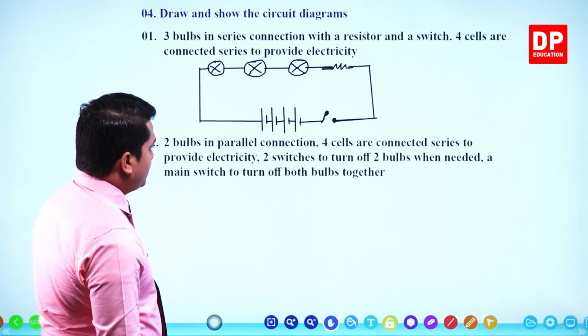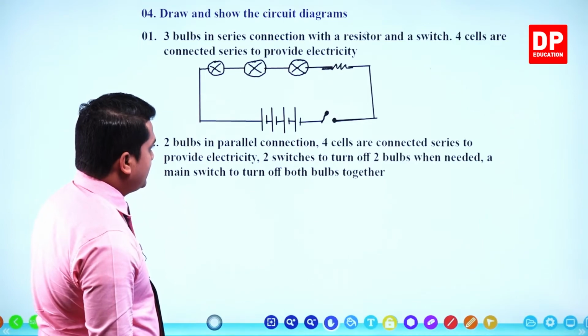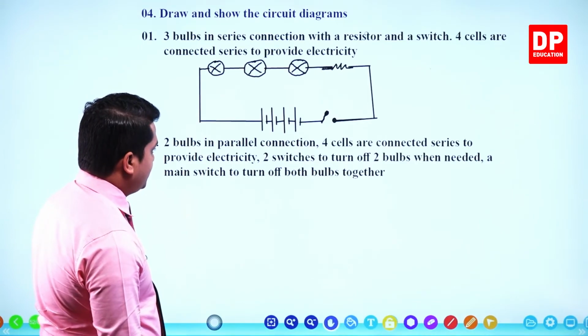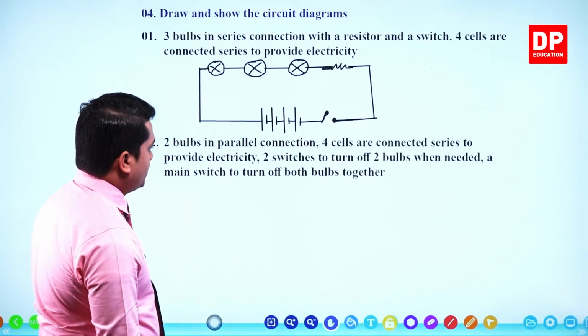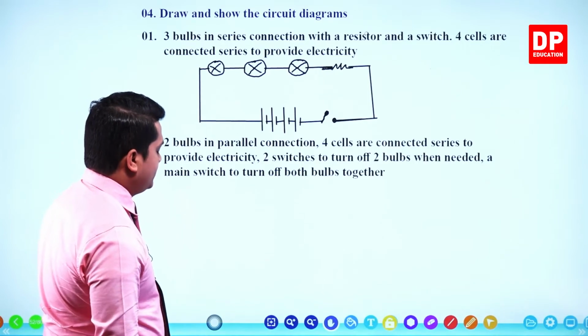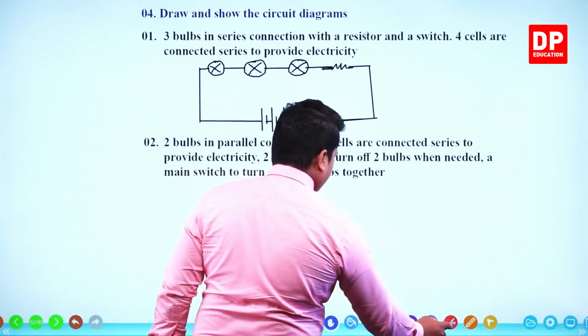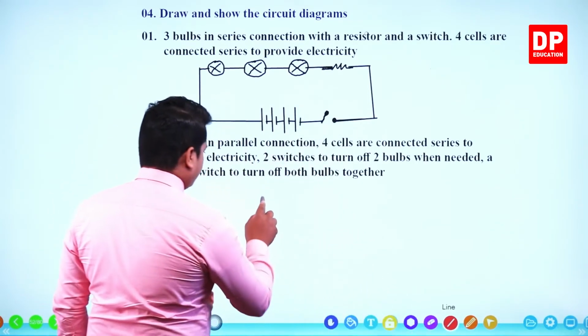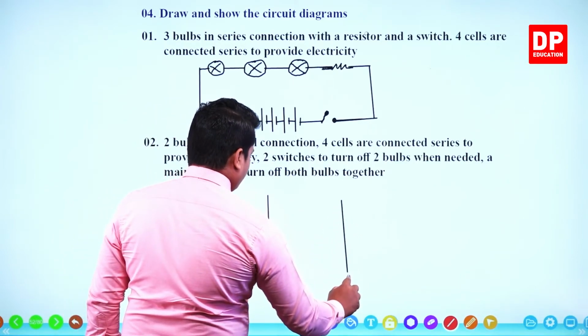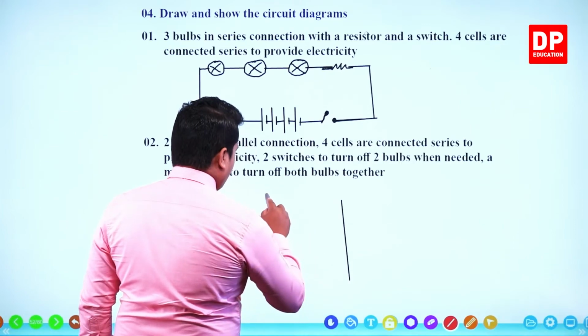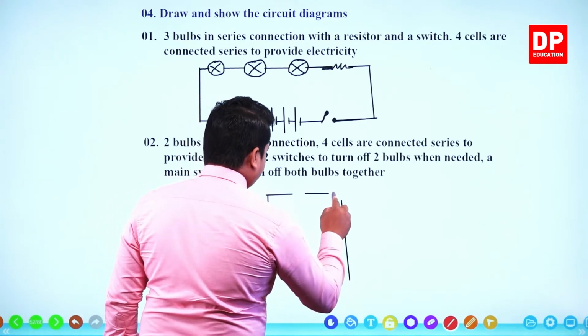2 bulbs in parallel connection. 4 cells are connected in series to provide electricity. 2 switches to turn off 2 bulbs when needed. A main switch to turn off both bulbs together. Right. Two bulbs.